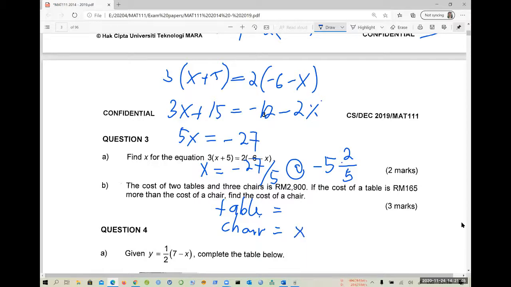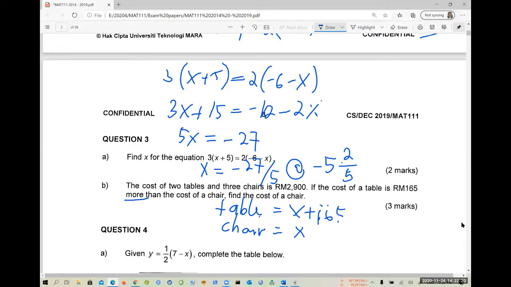And then for the table, it says here if the cost of a table is 165 more than the cost of a chair, so this word more here refers to add. The cost of a table, you must add 165 to the cost of a chair. So right now the cost of a chair is x, so that means the table will be x plus 165.